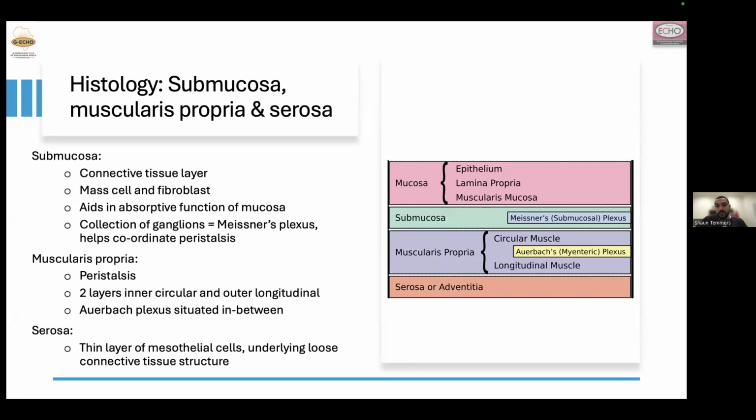As alluded to before, the muscularis propria contains two muscle layers, a circular muscle layer and a longitudinal muscle layer, and embedded in between them is the second neural plexus, known as the myenteric plexus, that you can find all the way along the small intestine. Serosa is just a thin layer of residual mesothelial cells, and it gives a loose connective tissue structure to the intestine.